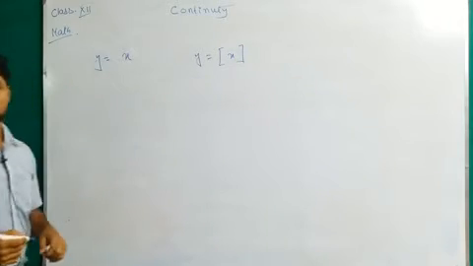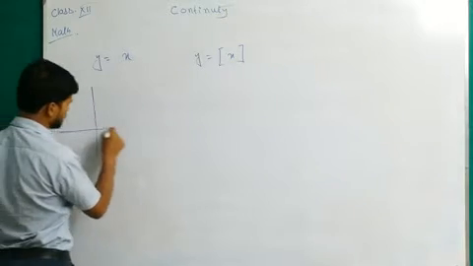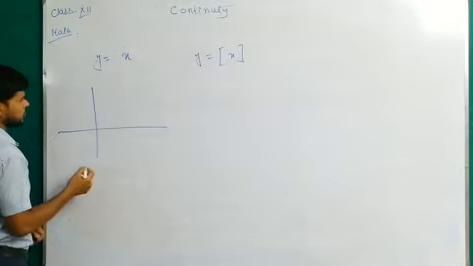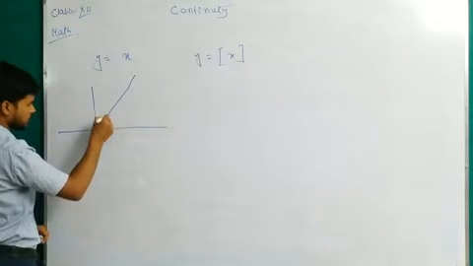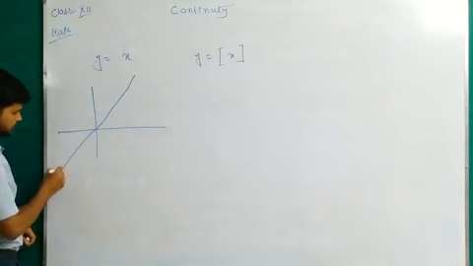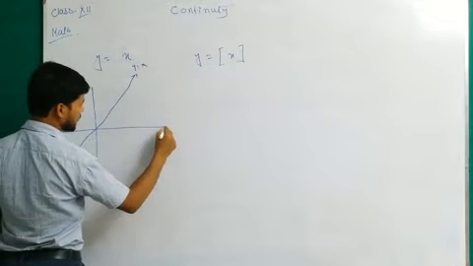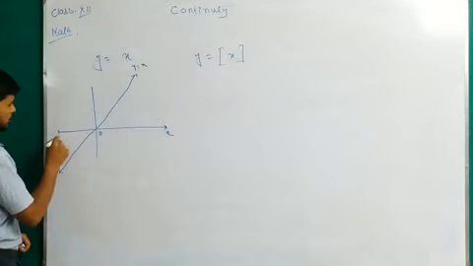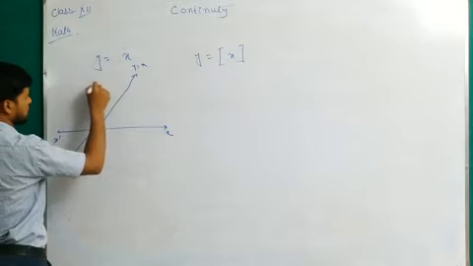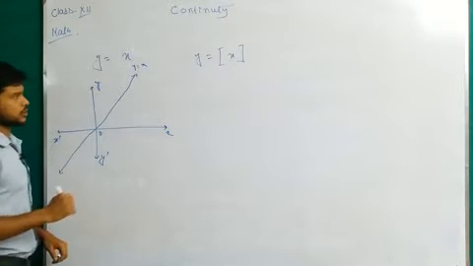If you draw the graph, y equal to x will be a line which passes through the origin, like this. This is the x axis, this is the origin, this is the negative direction of the x axis, this is the y axis, and this is the negative direction of the y axis.